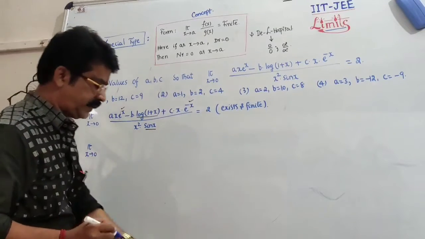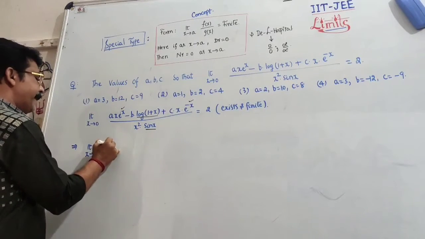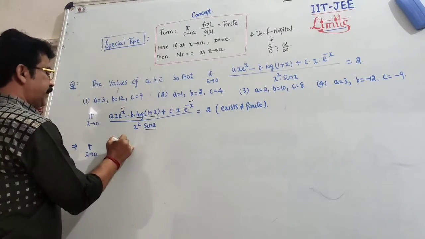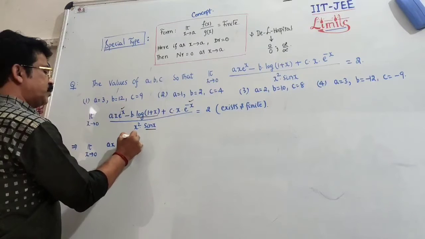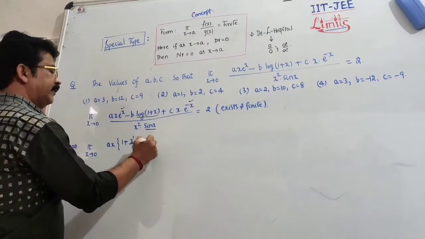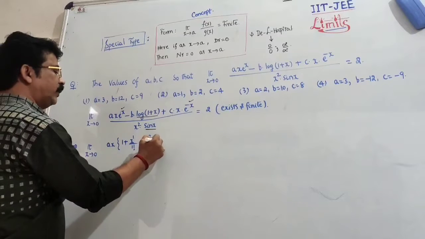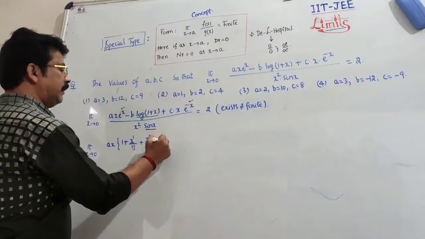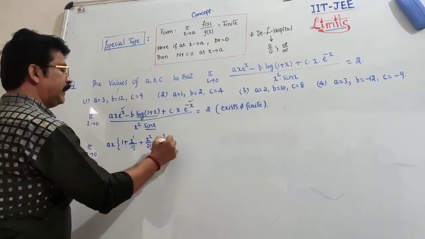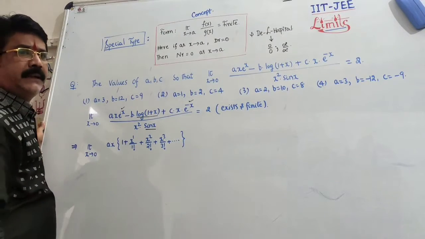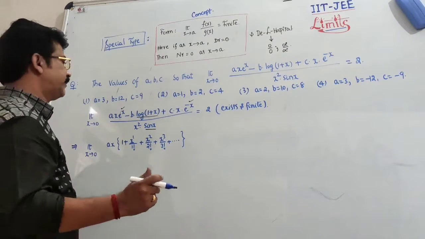Limit x tends to 0, a x into e power x. The e power x expansion is 1 plus x to the power of 1 by 1 factorial plus x square by 2 factorial plus x cubed by 3 factorial and so on. It is enough to write 2 or 3 terms.